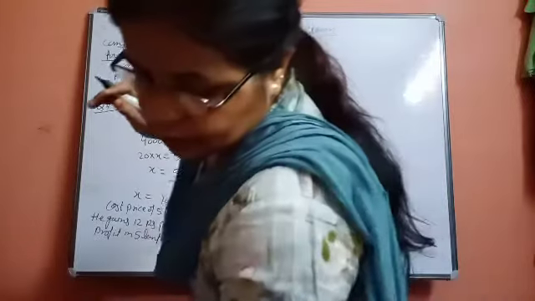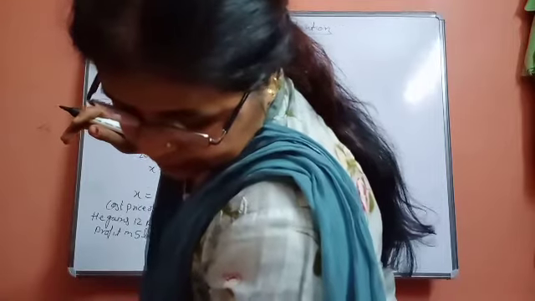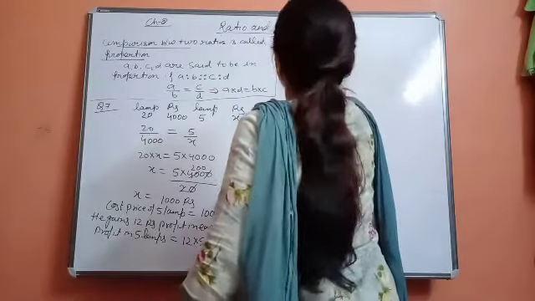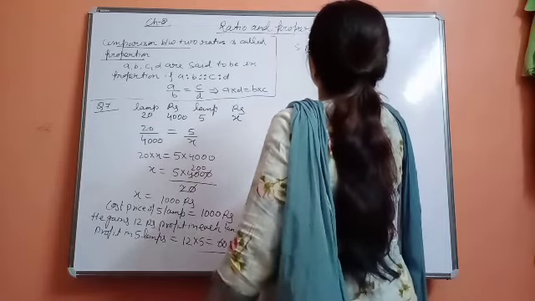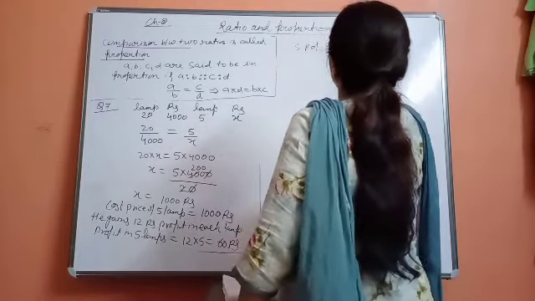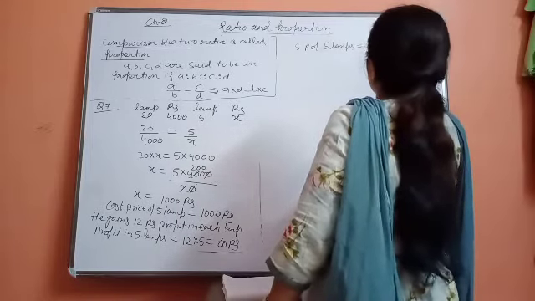Find the selling price of 5 lamps. Okay, SP of 5 lamps is equal to CP plus profit. You have learned now?